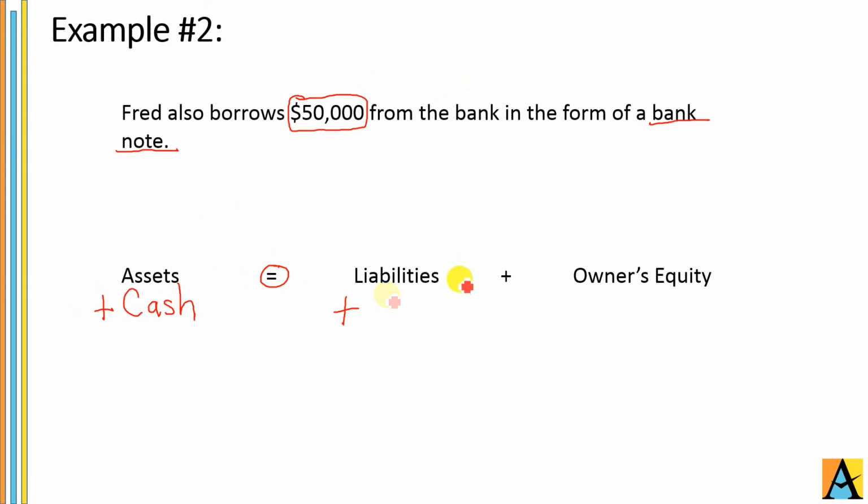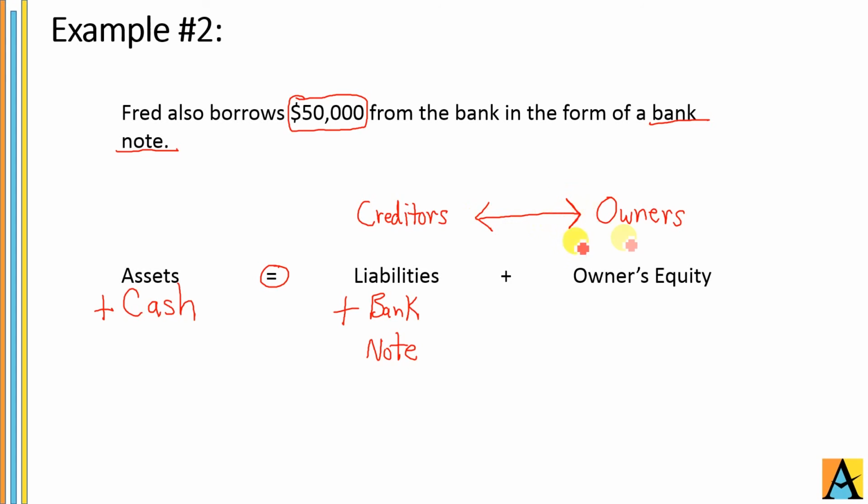The bank note has increased our liabilities, because liabilities are where your creditors are going to be, and your owner's equity, like the name suggests, will be where your owner's accounts are. So this is very important. Do not confuse creditors with owners, because that will determine where you classify this in accounting.